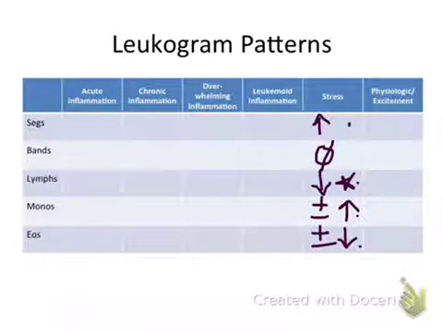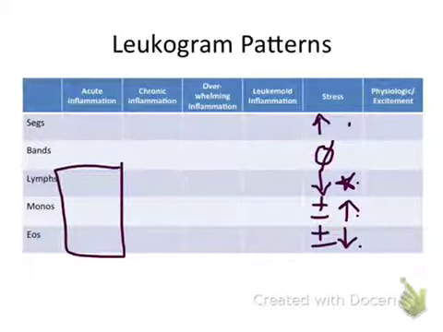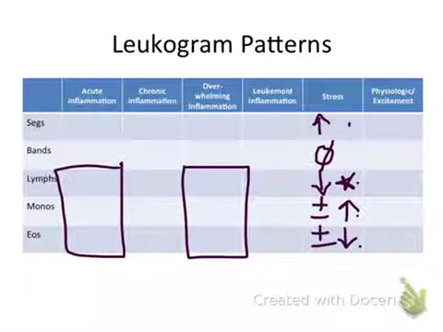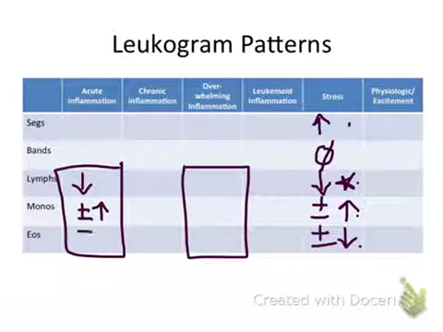Now, a stress leukogram can also be a component of other leukogram types, especially with acute inflammation and overwhelming inflammation. So with an acute inflammatory leukogram, you can also get a lymphopenia, a monocytosis, and an eosinopenia.